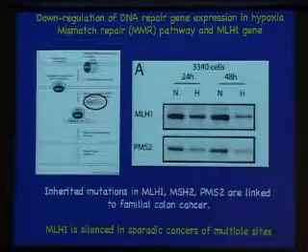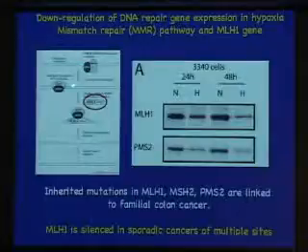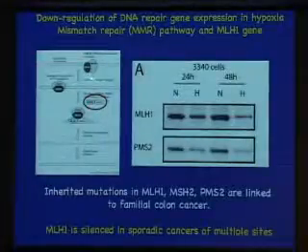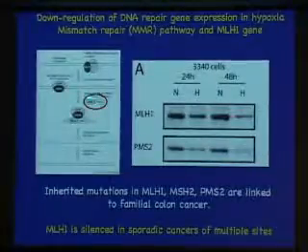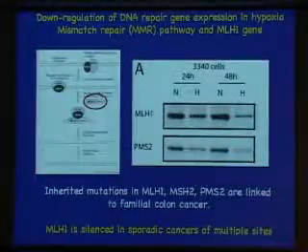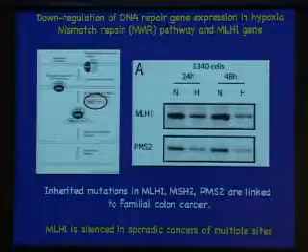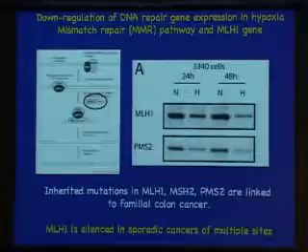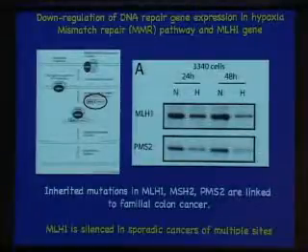As you may know, the DNA mismatch repair pathway recognizes base pair mismatches and corrects them, and has proteins with names like MLH1, PMS2, and MSH2. And actually, defects in this pathway are linked to hereditary colon cancer, the so-called Lynch syndrome, hereditary non-polyposis colon cancer to be specific, or HNPCC.